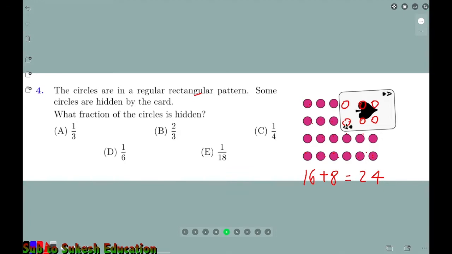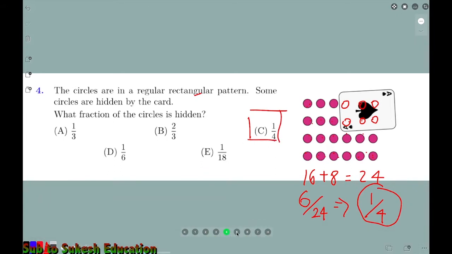And 6 circles were hidden because we drew them out. So the fraction would be 6 over 24, which would result in 1 over 4, because 6 is able to be multiplied 4 times to get 24, right? So this is the simplified fraction now. And where in the options do we get 1 by 4? We get C. So therefore C is the right option.